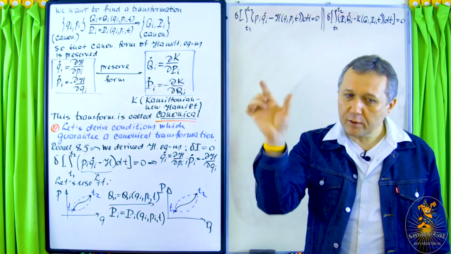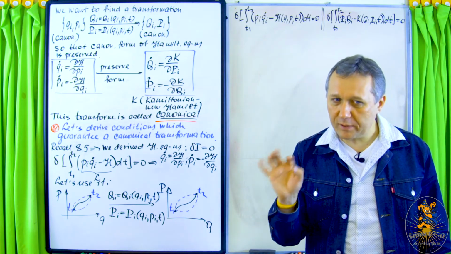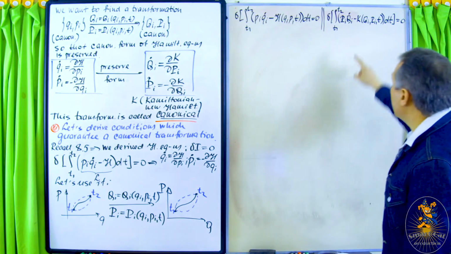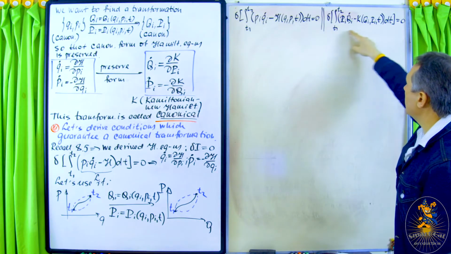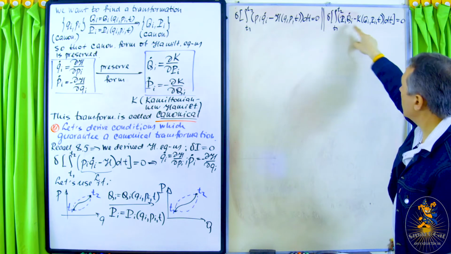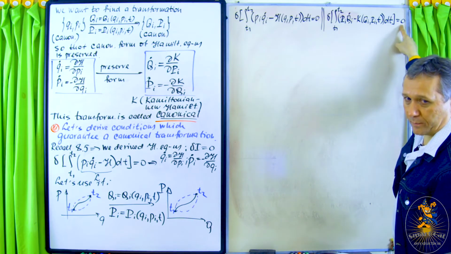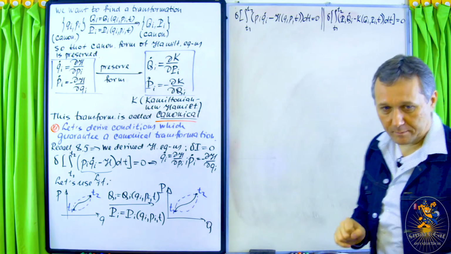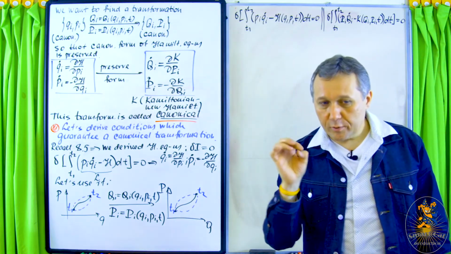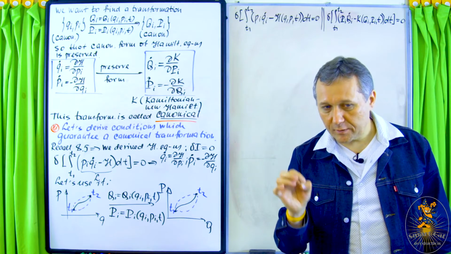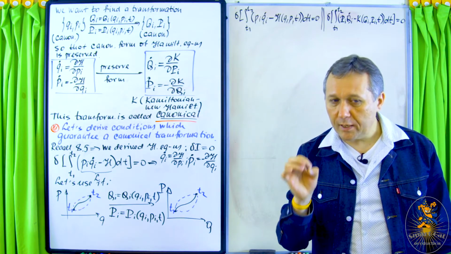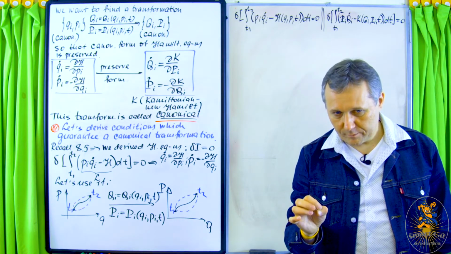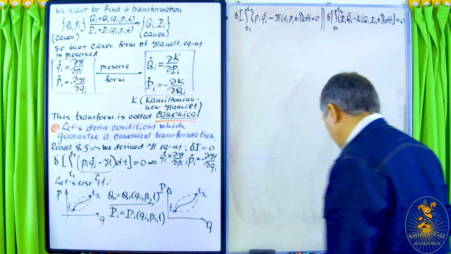Then, if you take the total time derivative of that well-behaved function and add that to this integrand, it will still be equal to 0, and still this will be equal to that. So we can introduce an additional function f, which we are going to call a generating function. Okay, let me write that down.